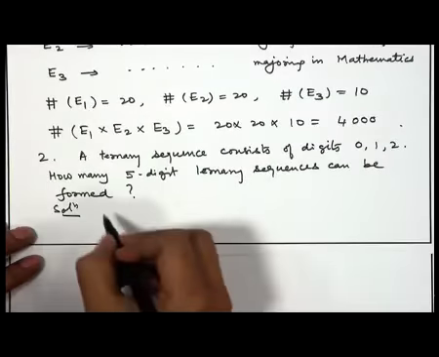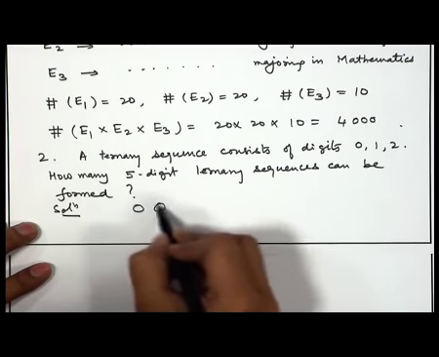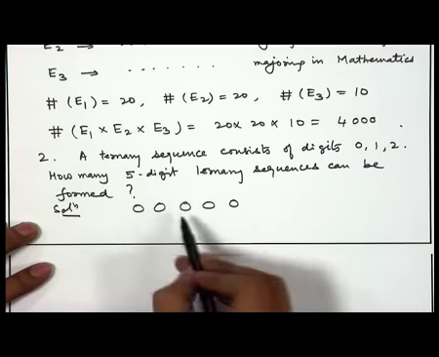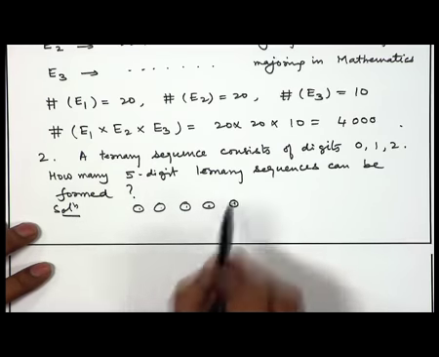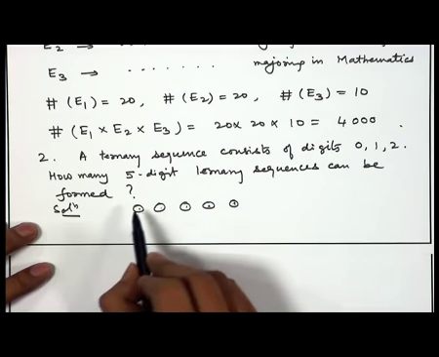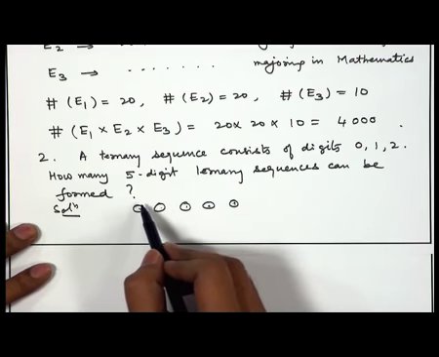Now you see I am considering a 5-digit ternary sequence. So, these are 5 places here. In the first place, I can put either of 0, 1 or 2. That means the first place can be filled up in 3 different ways.